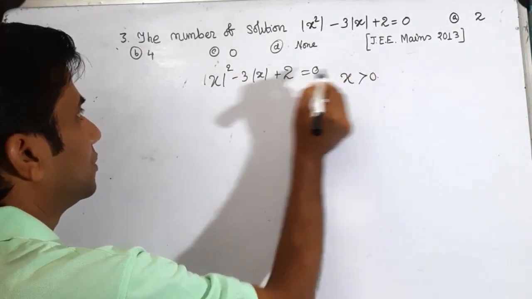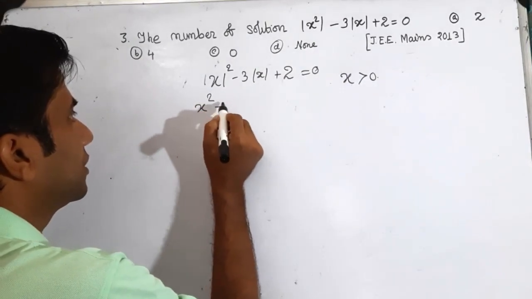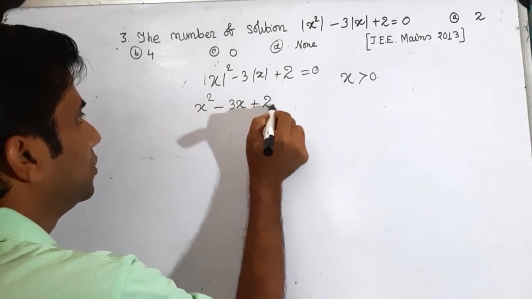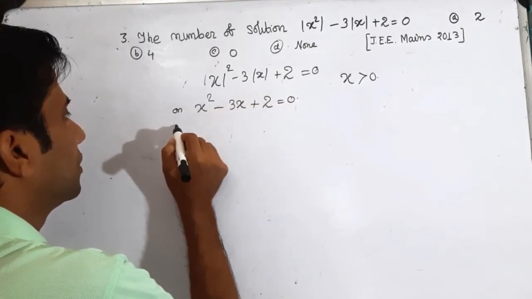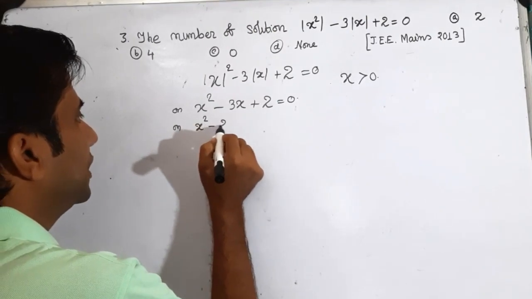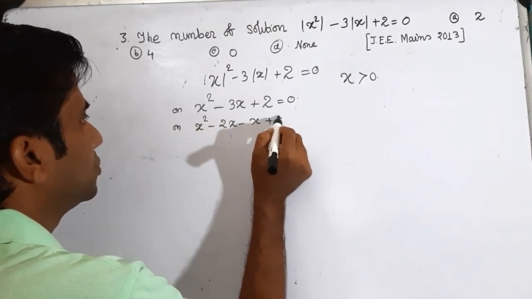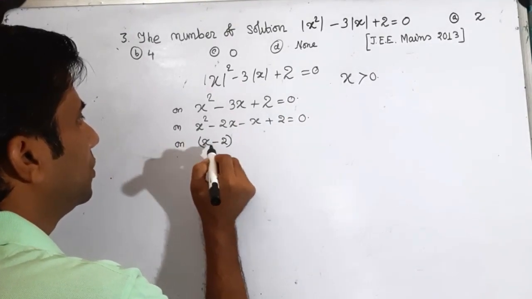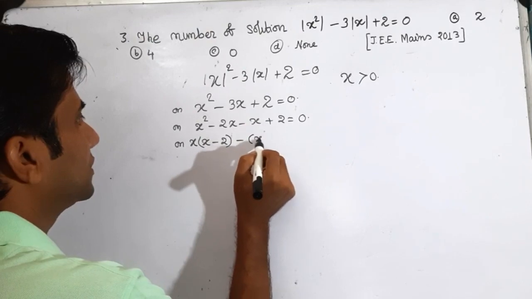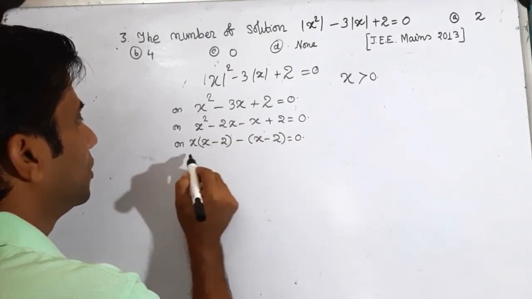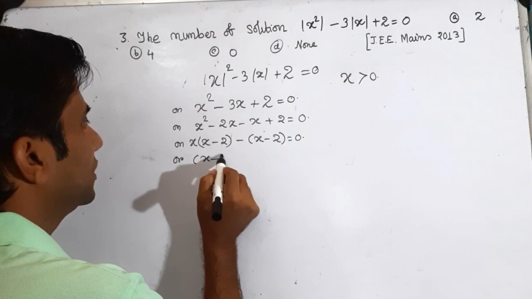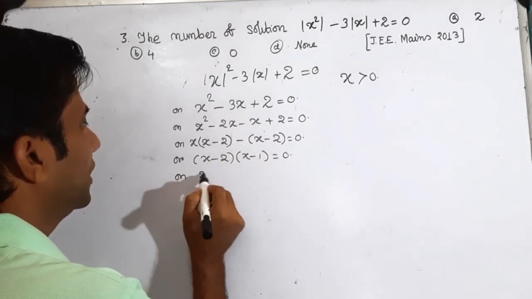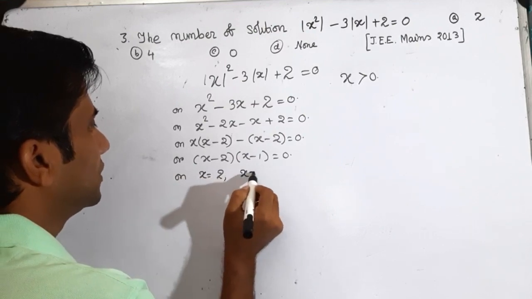For x greater than 0, it becomes x square minus 3x plus 2 is equal to 0, or x square minus 2x minus x plus 2 is equal to 0, or x minus 2 into x minus 1 is equal to 0, or x is equal to 2, x is equal to 1.